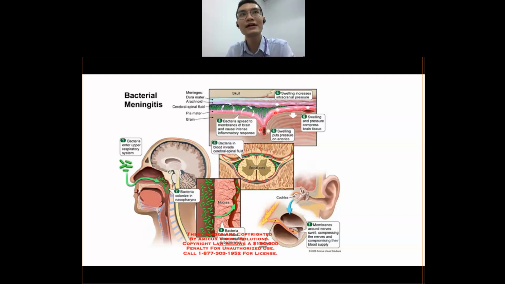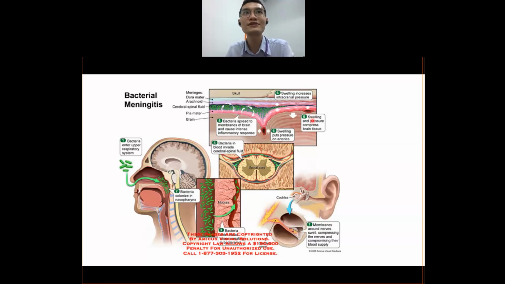The bacteria travels from the vessel into the meninges. It causes a lot of inflammatory response, and then you can get all this pus or inflammatory components. So when you have a lot of inflammatory response, think about the hallmarks of inflammation. You have redness, you have swelling.